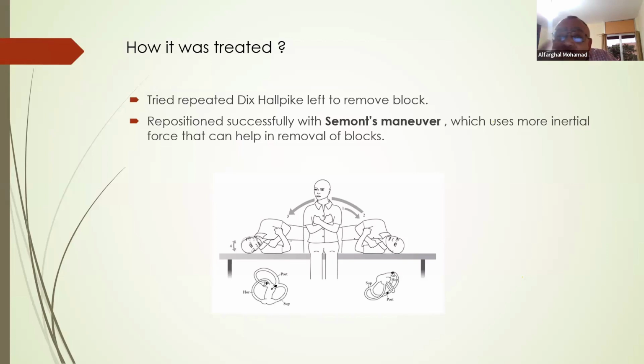So we have to not only look at the BPPV, but also look at what could be the predisposing factor and what could be the primary disease in the ear or in the vestibular system, which causes the BPPV to become recurrent or to become resistant to treatment.